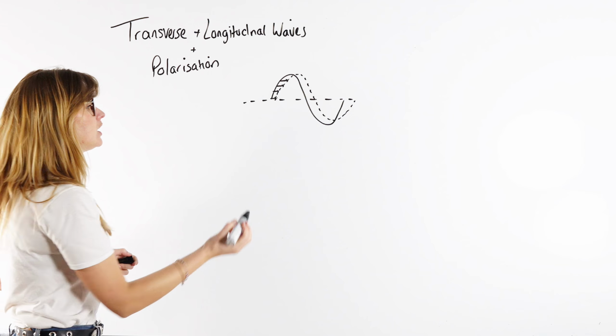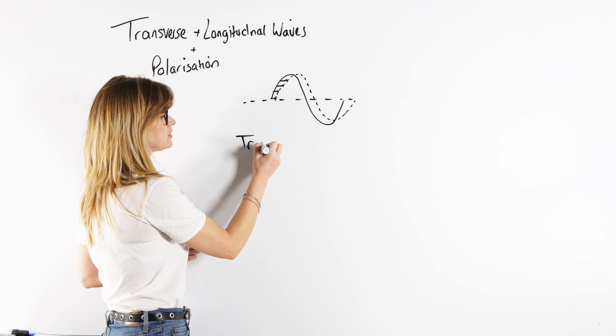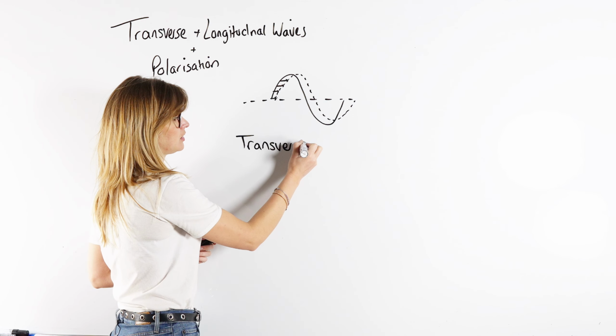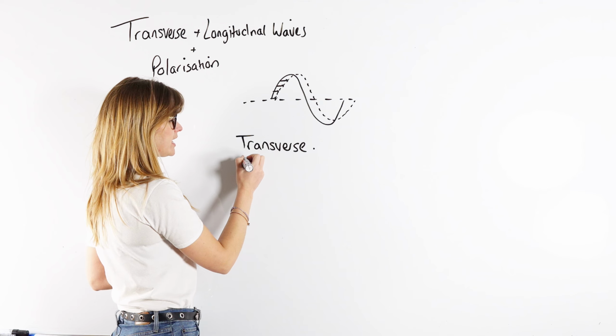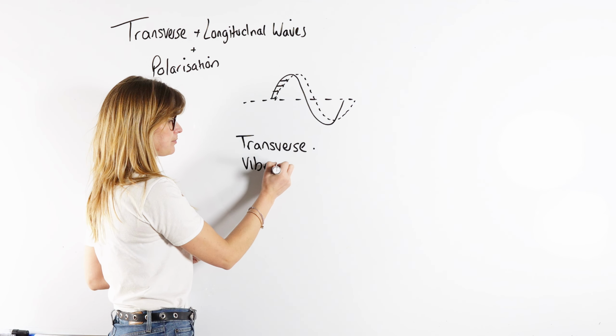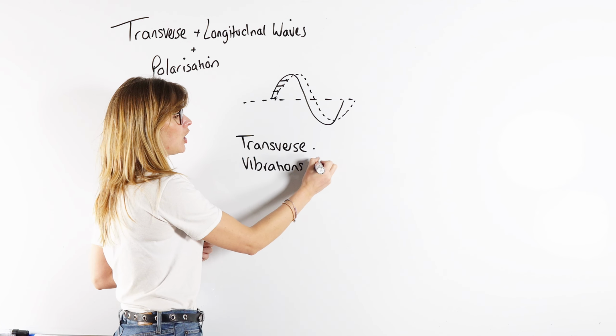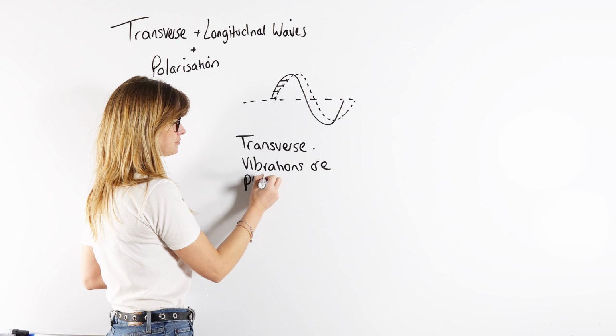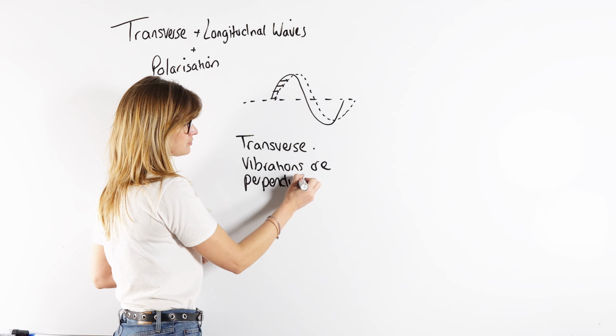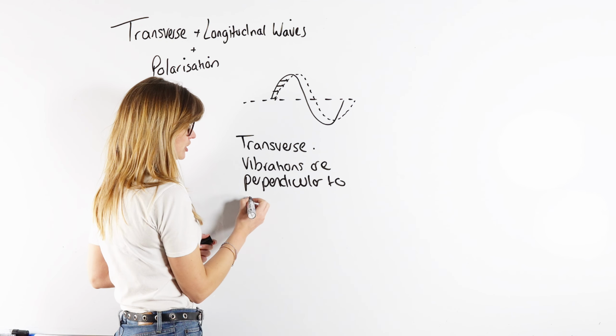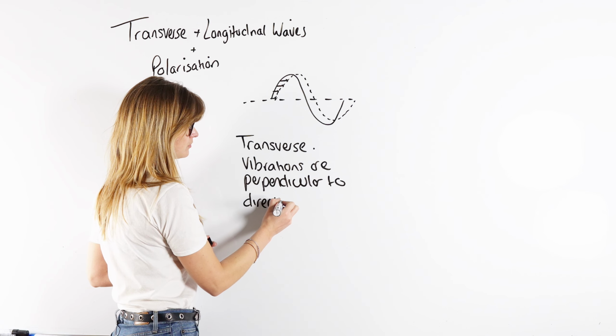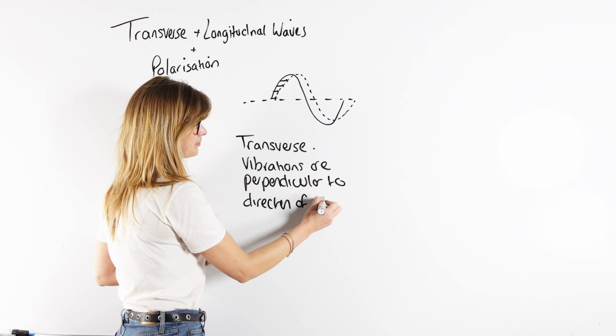So to explain this, we know that transverse waves are ones where the oscillations or the vibrations, you can use either word you want, are perpendicular to the direction of energy transfer.